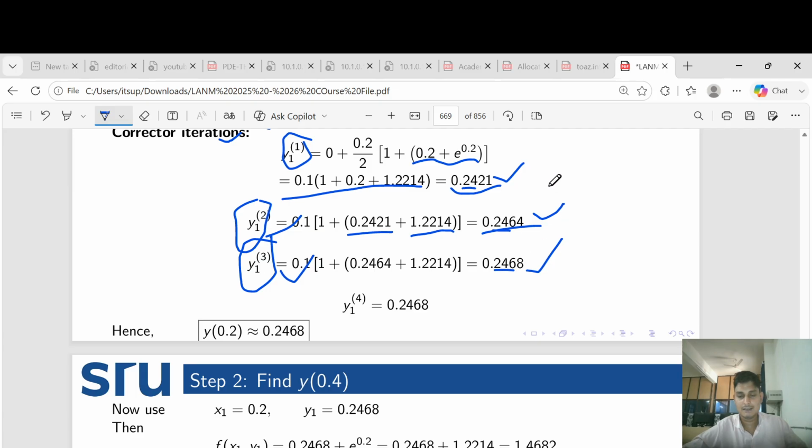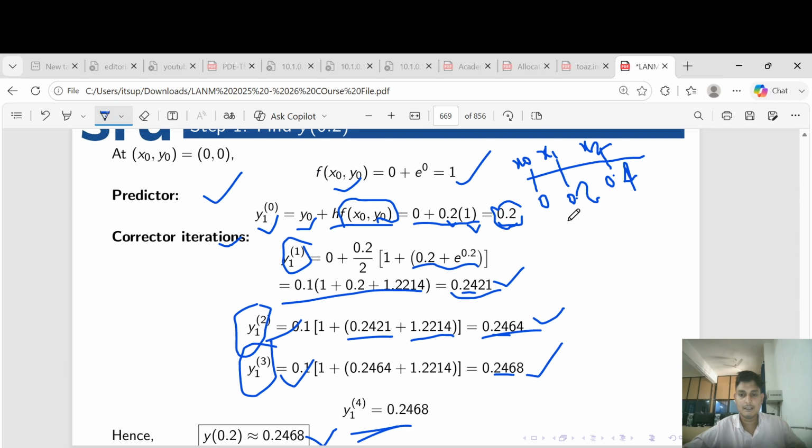In all three iterations, the two decimal place values are equal. Hence, we can declare that y at 0.2 is 0.246, an approximate value of this differential equation at point 0.2.